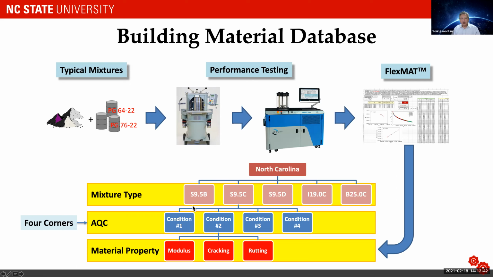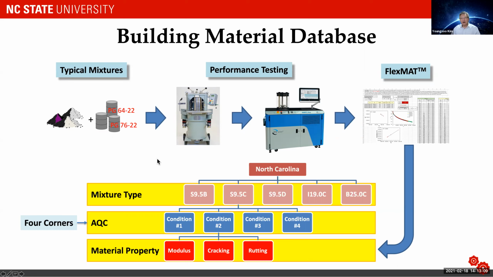You obtain some commonly used mixes from each category, run the mechanical test, and store the data in the database so that when a designer needs to use the material properties, they can go into this material database, level 2 pavement ME, and then design the pavement. It's basically the same concept.